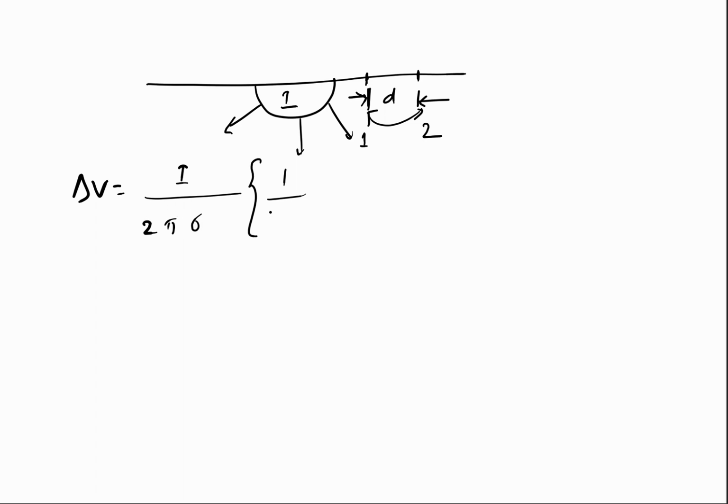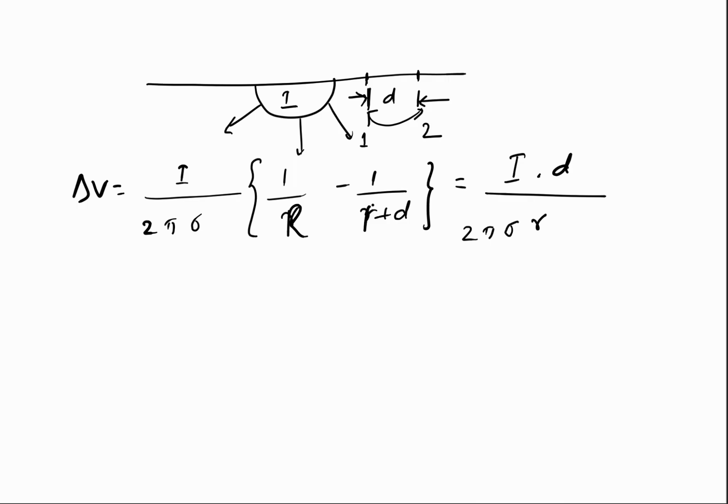Let us say the first point is at R and the second point is at R plus D. So delta V will be equal to I D divided by 2 pi sigma R, although I was using capital R everywhere, so let us follow that same convention, capital R plus D.